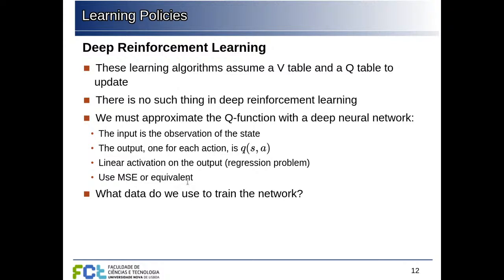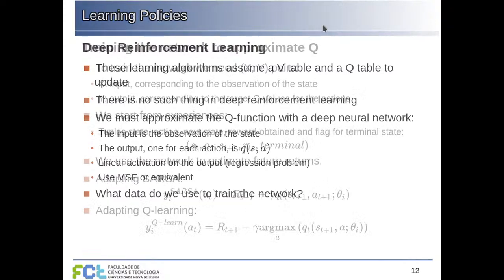Of course, we don't have this optimal value. If we could figure out what the optimal Q function is, then the problem would be easy to solve. But that is the difficulty. We don't have the optimal value, but we can try to approximate it iteratively. So the question is, what data do we use to train the network?